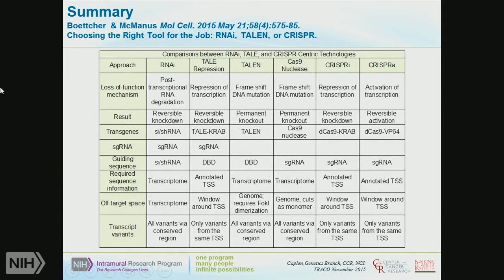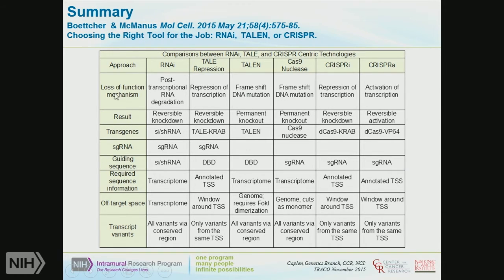So in another review that I'd like to bring to your attention, this is perhaps the most important take-home slide of my entire presentation. Mike McManus and his colleague did a really great job of analyzing the advantages and disadvantages, and aligning the different technologies that are now available for loss of function analysis.